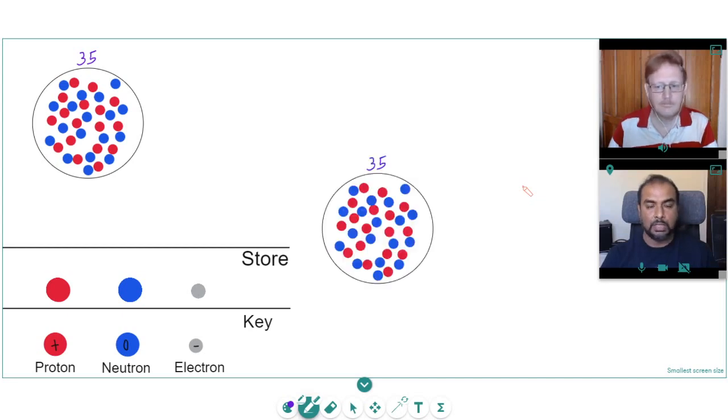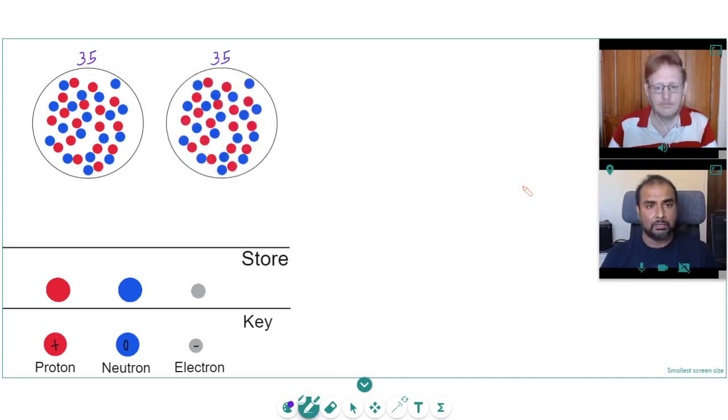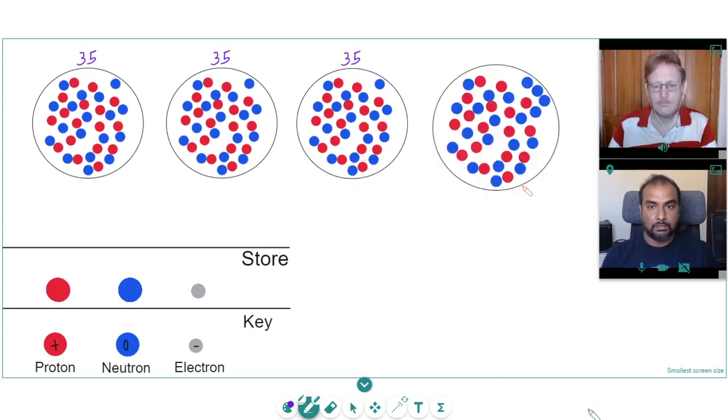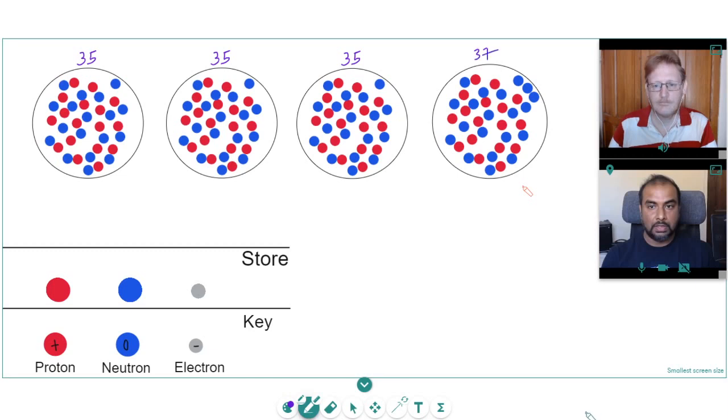Okay, so I'll make a copy here of the same thing. So here's our 3 35s, and then we know that there's 1 37 as well, and that's our 37. And again, the only difference between the 35 and 37 is that you've got the 2 extra neutrons in 37.